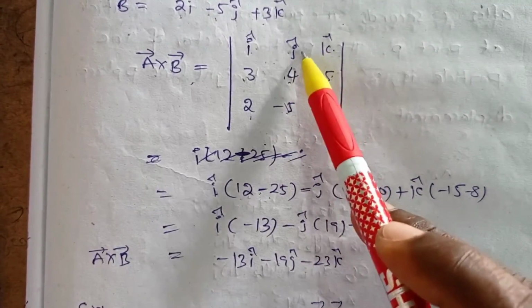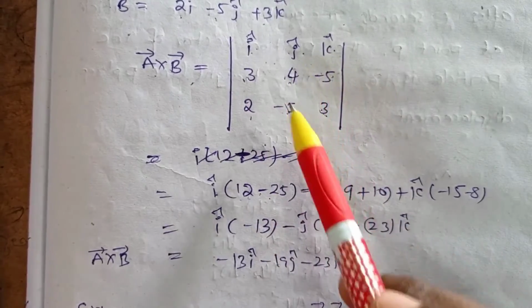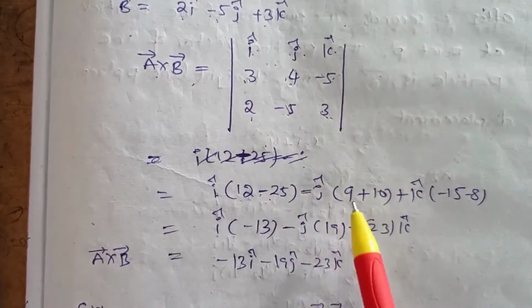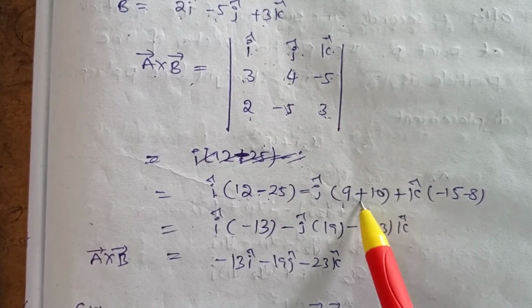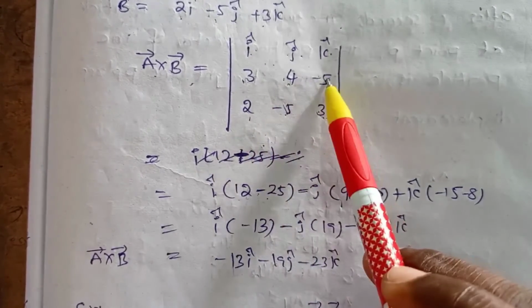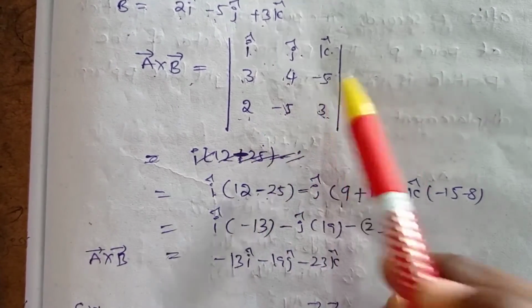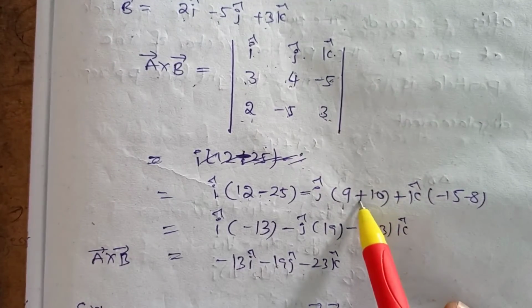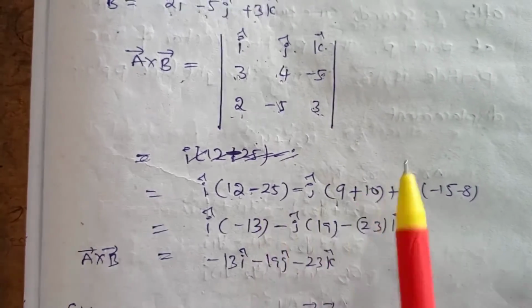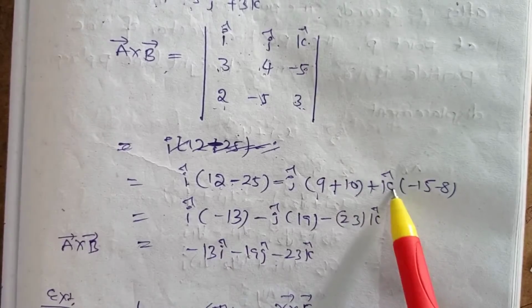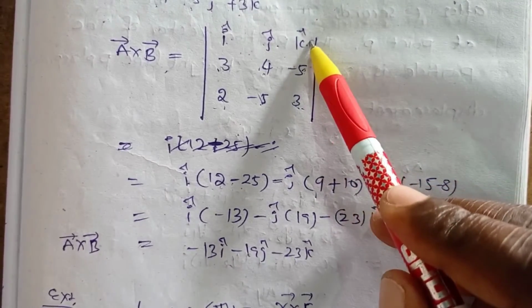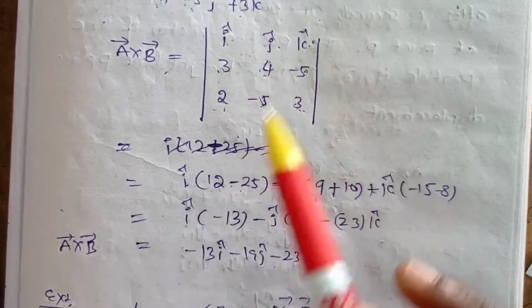When we take j cap, we have to eliminate the first row, second column. The remaining terms are 3 into 3, 9, minus 2 into -5, which is -10. Already there is a minus here, so minus into minus gives plus 10. Plus k cap. When we are taking k cap, we eliminate the first row, third column.